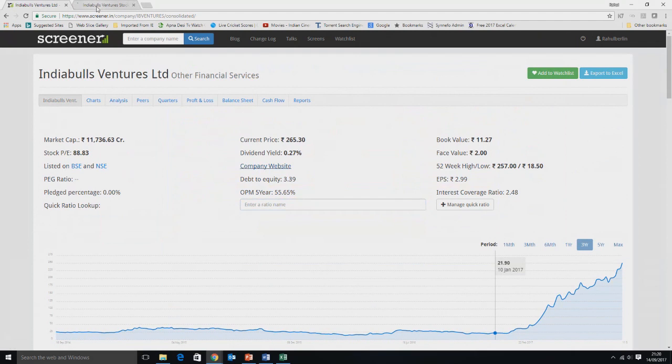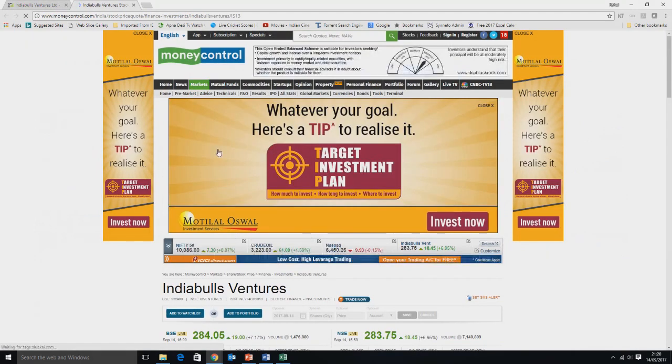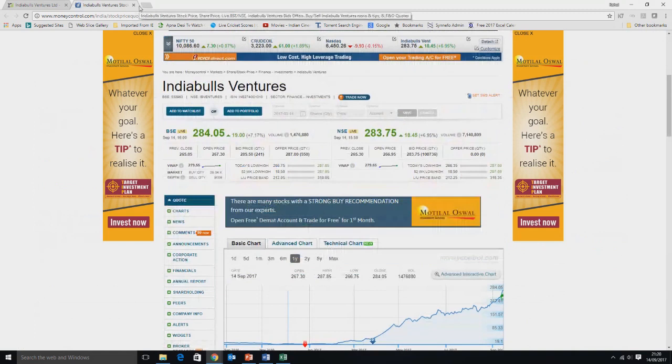Company website, it's showing the Money Control.